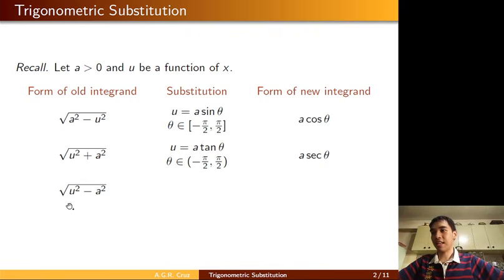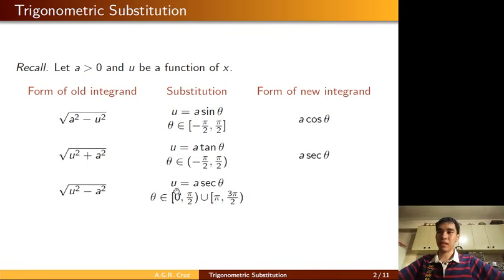Okay, finally, we can have the square root of variable squared minus constant squared. So square root of u squared minus a squared. In this case, what is our substitution? We let u now be equal to a times the secant of theta this time. Okay? Where your theta belongs to a different set of intervals. In this case, your theta must belong to 0 to pi over 2, yung quadrant 1, or it should belong to quadrant 3, which is from pi to 3 pi over 2.